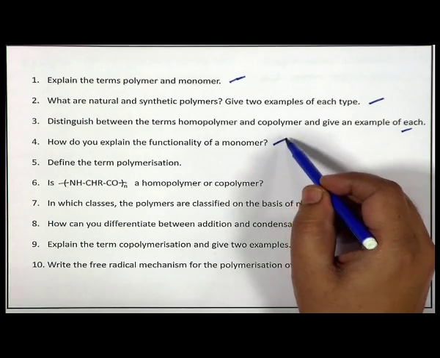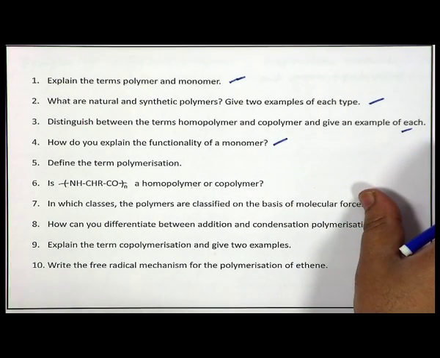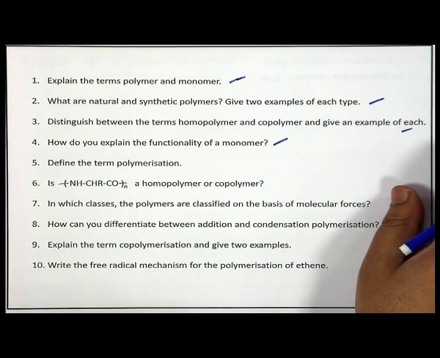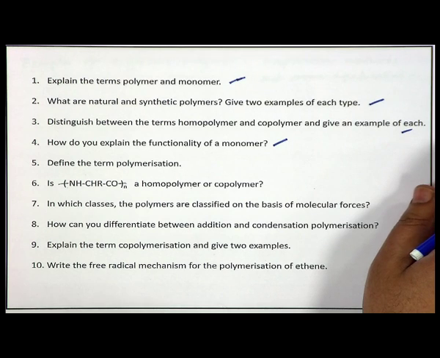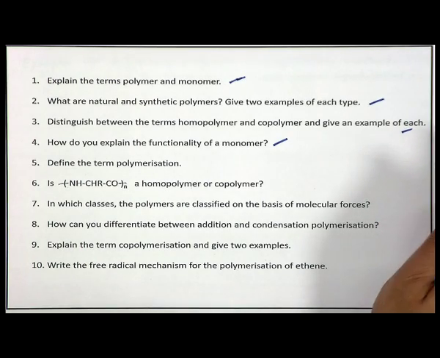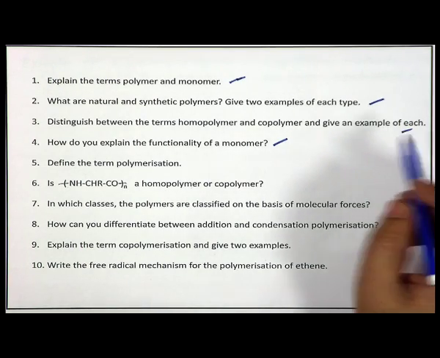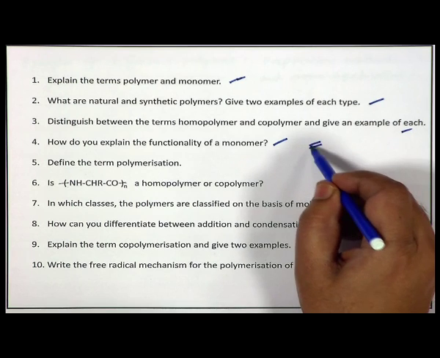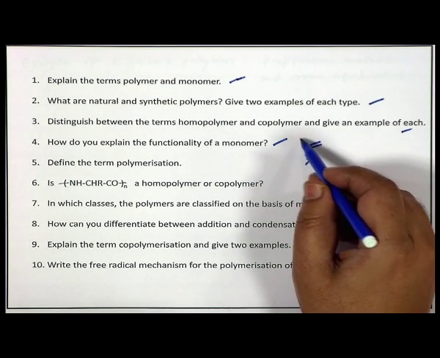What is the functionality of a monomer? Functionality is the number of covalent bonds one monomer can form. So, all the monomers like ethylene, propylene, styrene contain a double bond, so they can form bonds this way and this way.